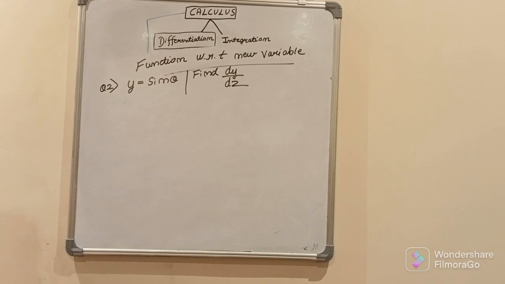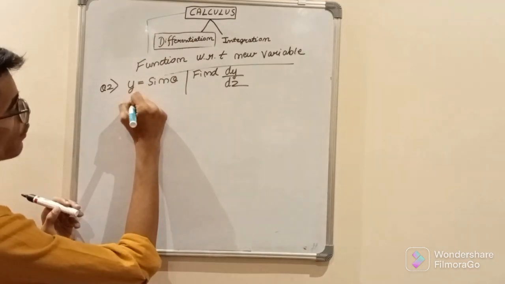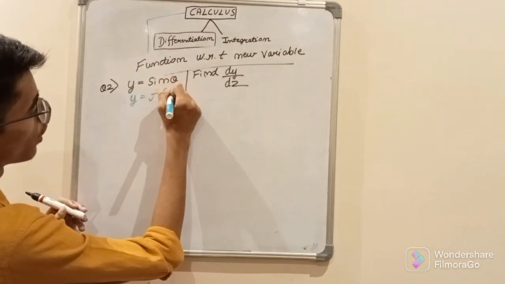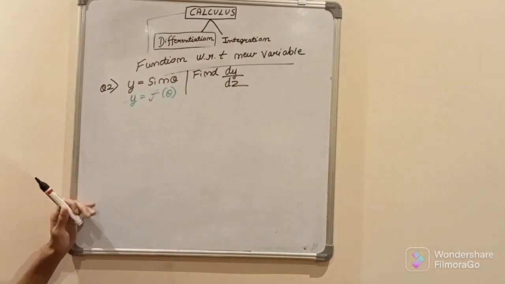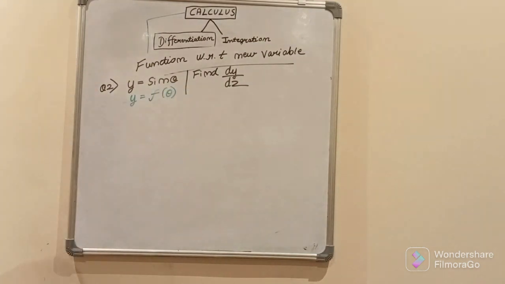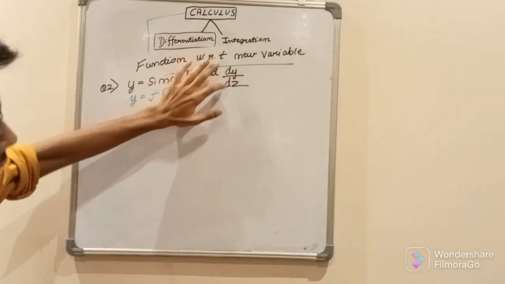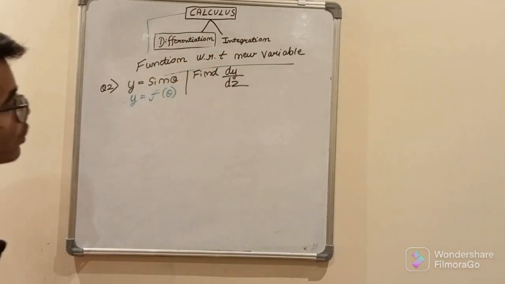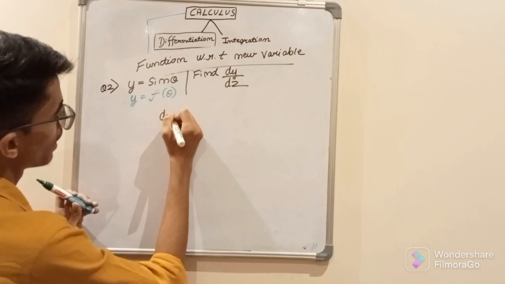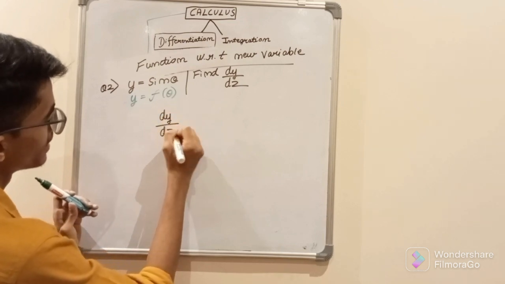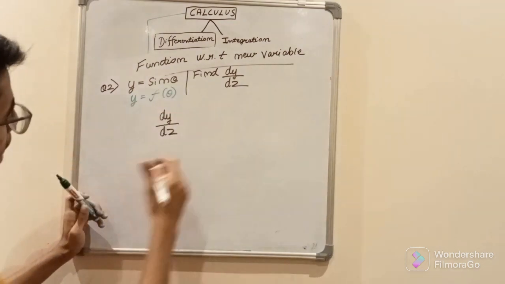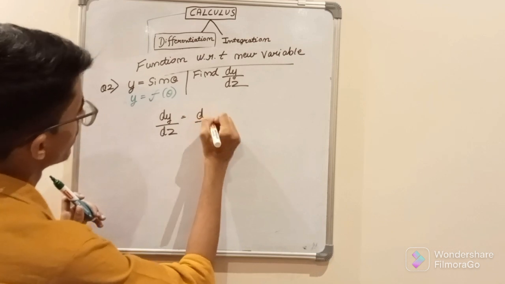Now all of us know that over here y is a function of theta. So this can only and only be differentiated in terms of dy upon d theta, but we have dy upon dz. So first of all we'll just write it as dy upon dz, and in place of y we have sine theta.